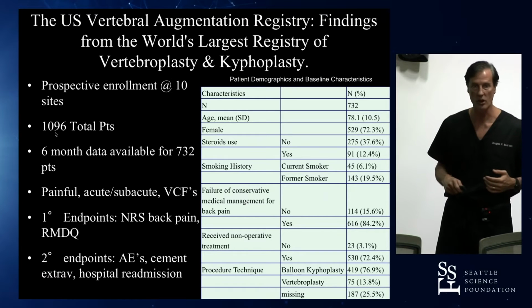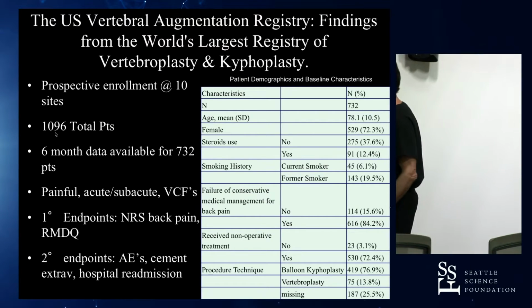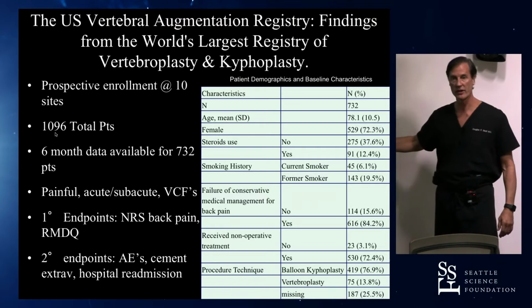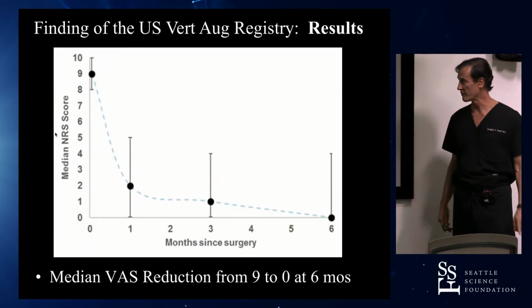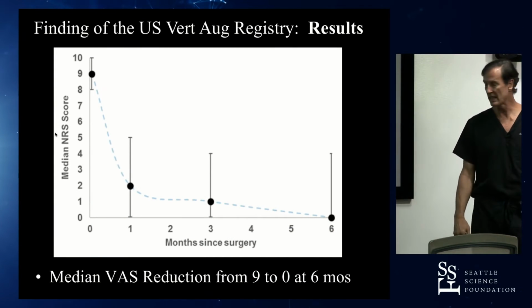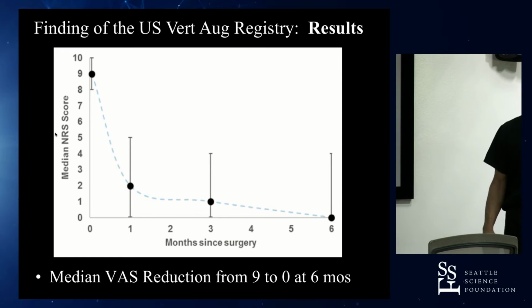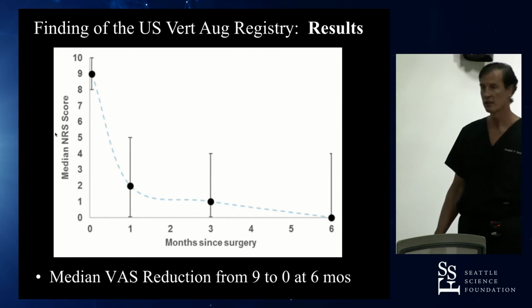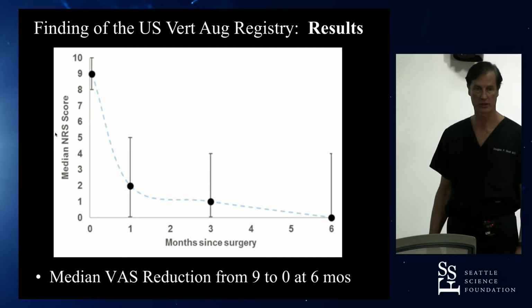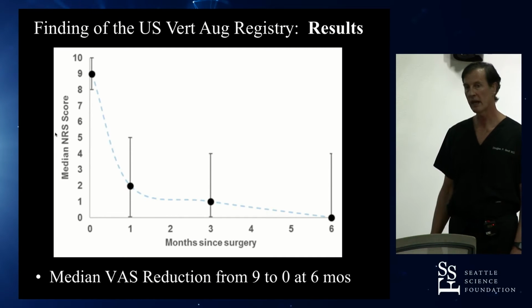This is about twice as large as the Swiss registry, which is the second largest. Here is the demographics. The primary endpoints were pain and function, and the median pain score, median, went from a 9 to a 0 at month 6. The mean pain reduction, the average pain reduction, was a 6.7.